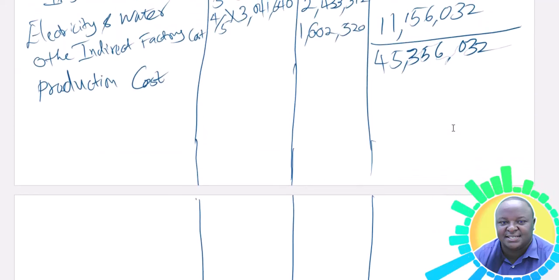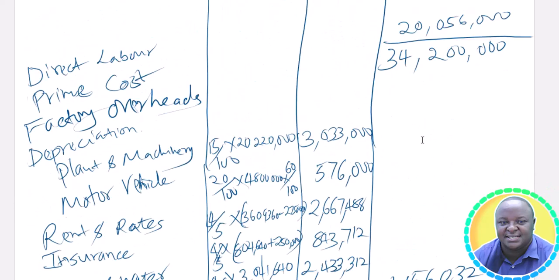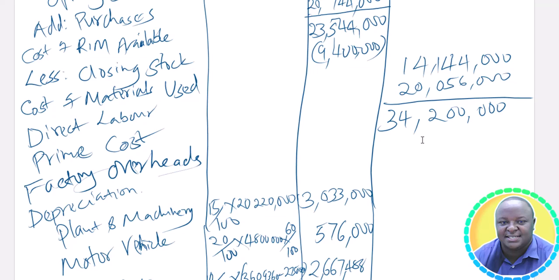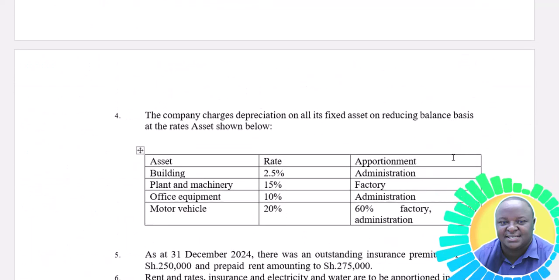So, after getting the production cost, we will add opening work in progress. So we'll go back to our information.